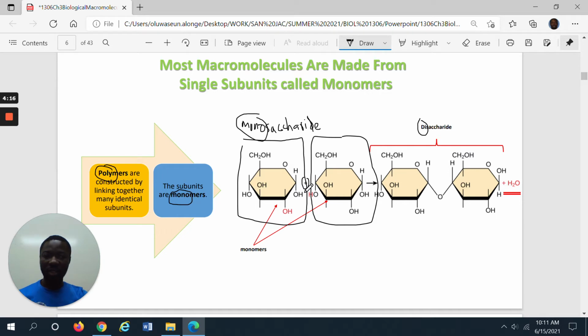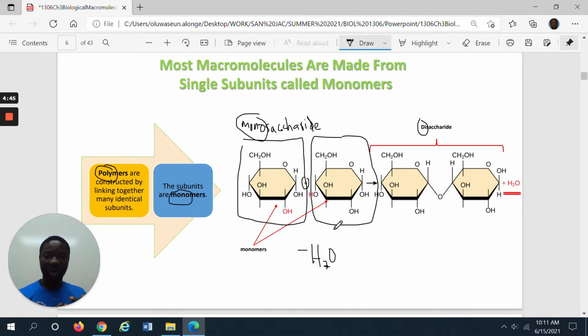Now what you will take note of, and I'll be talking about that as we go, is that anytime a bond is formed, something will be lost. And anytime two monomers are added, it's going to lose a water molecule because it is a kind of dehydration reaction. You remove water to form a bond.